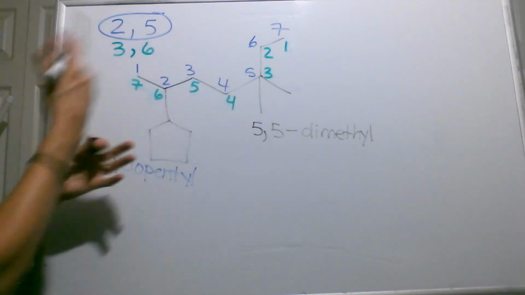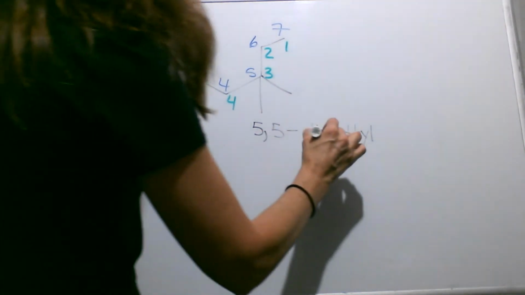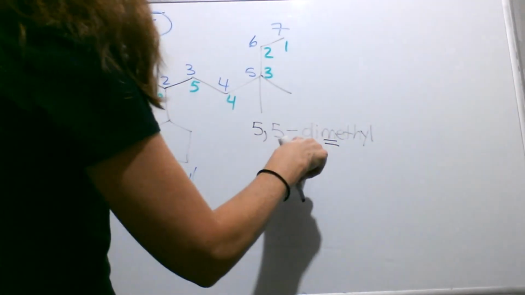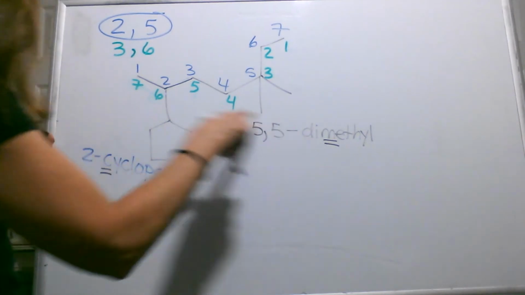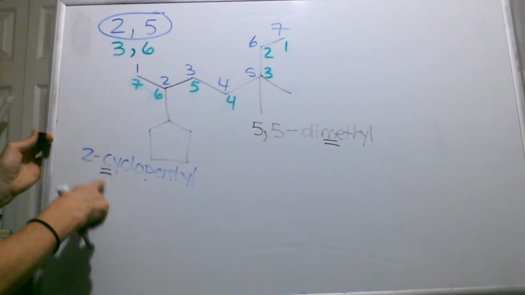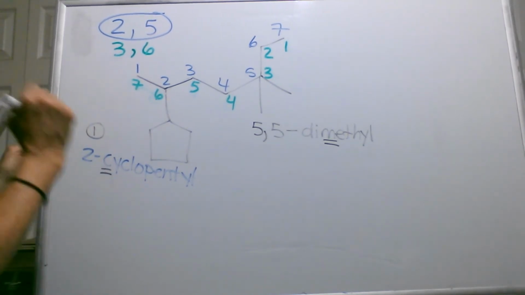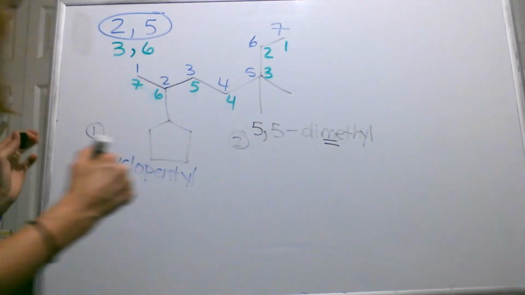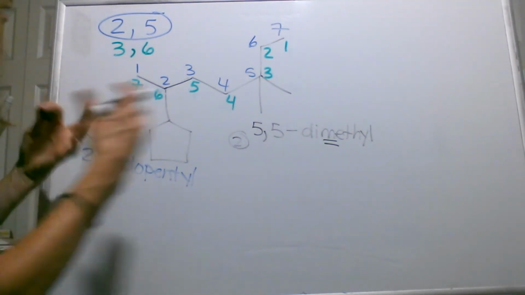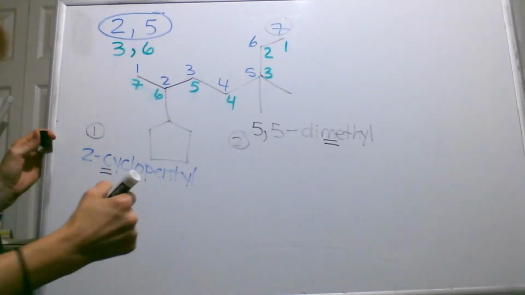When we go to assemble the name, we still have to deal with the alphabetizing. So the di doesn't count. The alphabetizing goes by the methyl. But over here with the cyclopentyl, the cyclo part counts. So the cyclopentyl substituent goes first in the name, the dimethyl goes second in the name, and then that runs right into the parent chain, which is heptane.